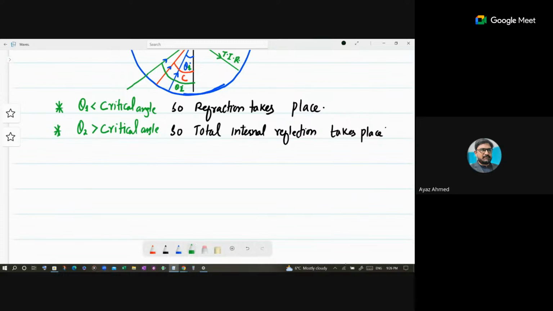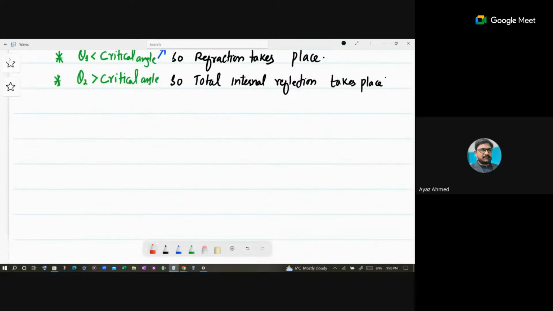So this is basically light entering over here, and this was the light entering from here. Now my next step is calculations of critical angle. A lot of calculations are asked in the exam related to this.